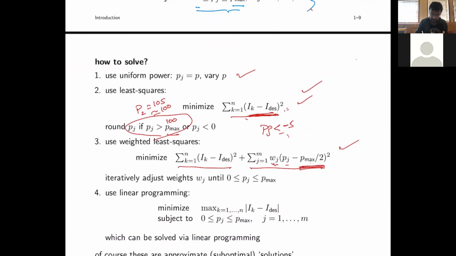So my Pmax is 100, so let's choose 50, half of the maximum power, and try to tie Pj to around 50. So you are solving the problem and forcing the solver to get a solution near 50. This is another way, but this is also not the exact solution, right?